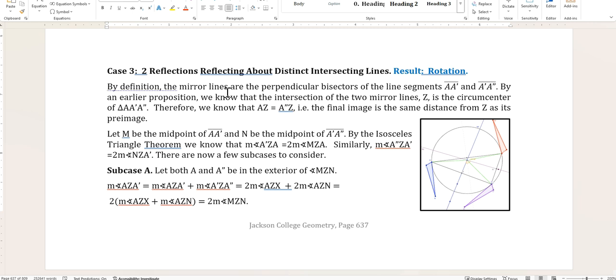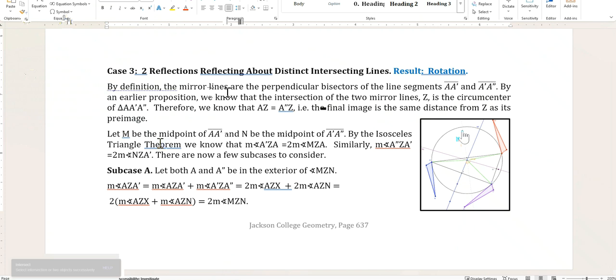Okay, that's going to be good. We're going to let M be the midpoint of the segment from A to A prime. So here it's going to be the midpoint of this one.